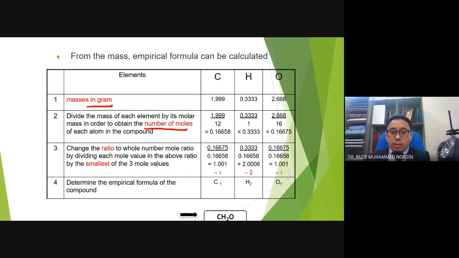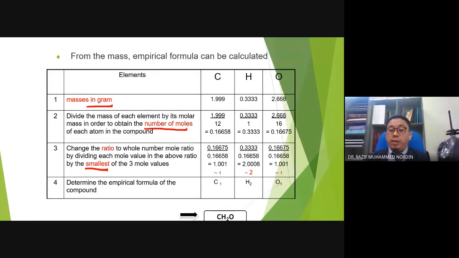You need to calculate the number of mole for each element in the compound, and then get the smaller ratio by dividing with the smallest number of mole among the three elements.